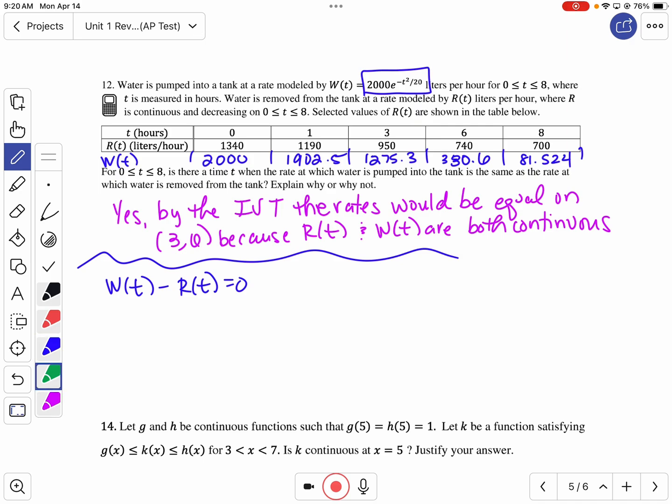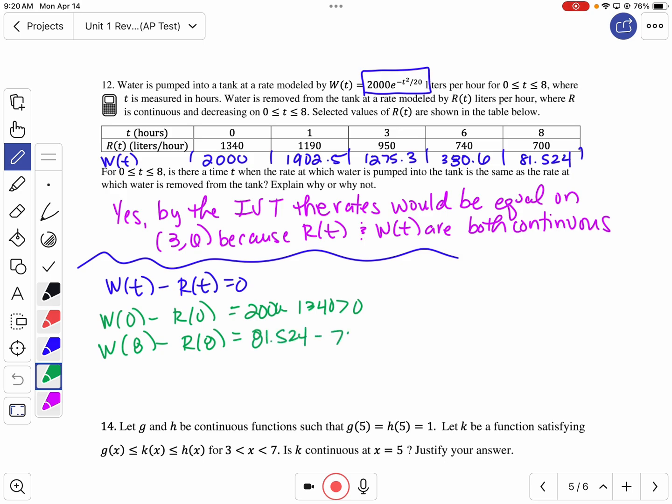Now, one of the things we could have checked was the beginning at time 0. That would give me 2,000 minus 1,340, which is greater than 0. And then we could have done W at 8 minus R at 8, which would be 81.524 minus 700, which is less than 0. And then because of IVT, I started with a positive, ended with a negative.